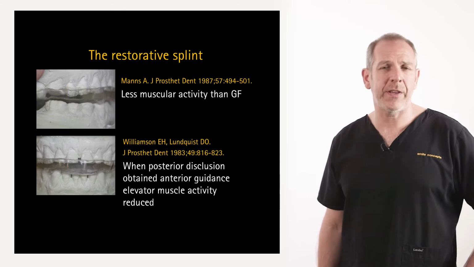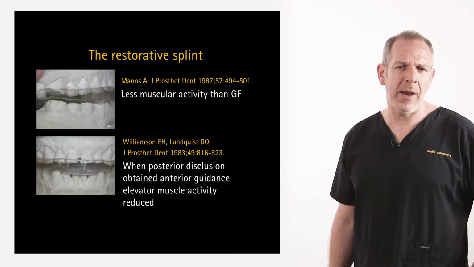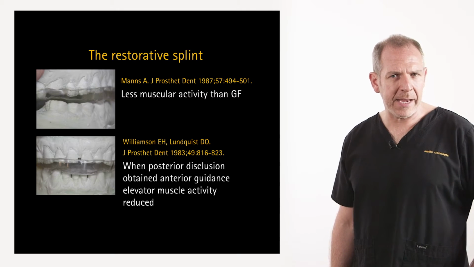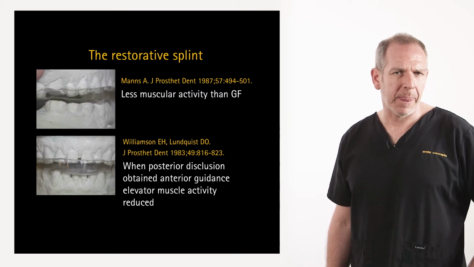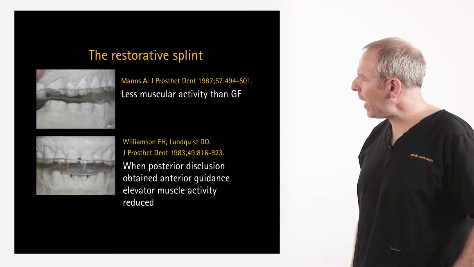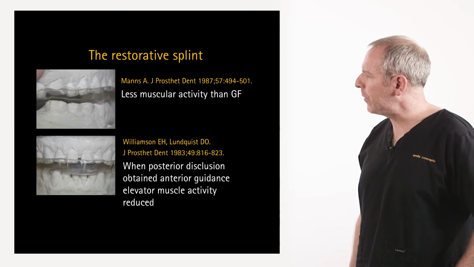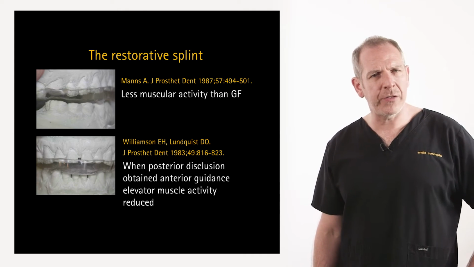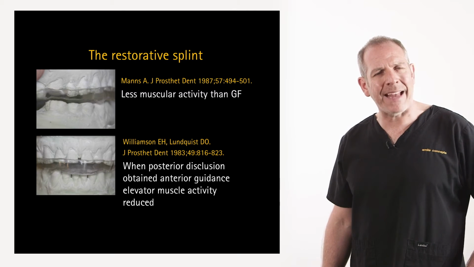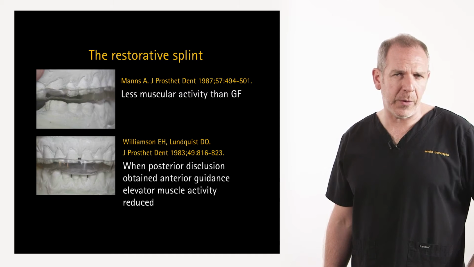Won't stop the muscular activity, but it may be useful in patients who have muscle pain and quite severe problems. In addition to that, these splints, apart from reducing symptoms, may be useful in patients where you think they have a bad occlusion, and the bad occlusion may be contributing to the wear.